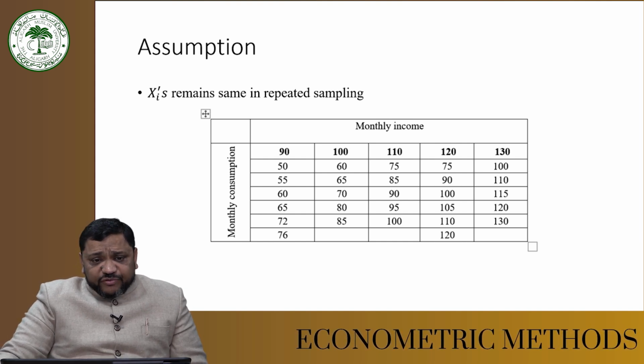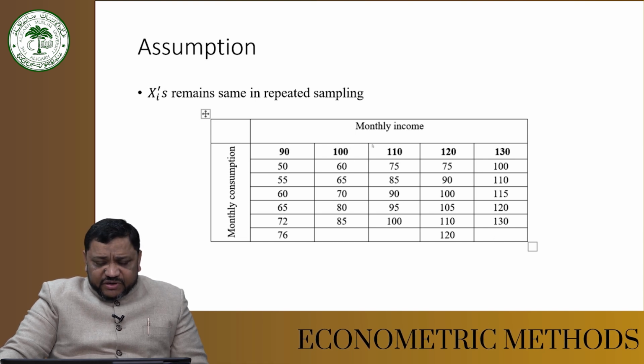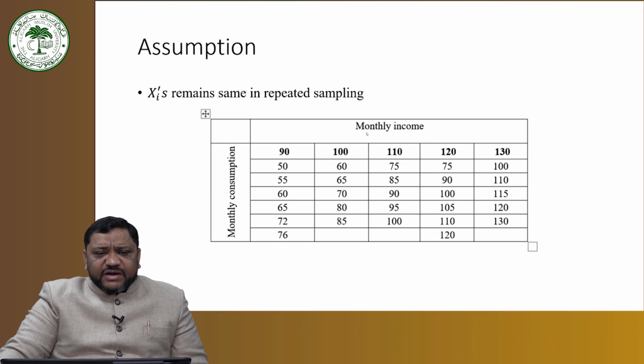This also we can relate with the assumption that the xi's remain the same in repeated sampling. If we recall this discussion, we have the data of monthly income and we have taken certain exact levels of income like 90, a family whose income is 100, whose income is 110, whose income is 120, whose income is 130.